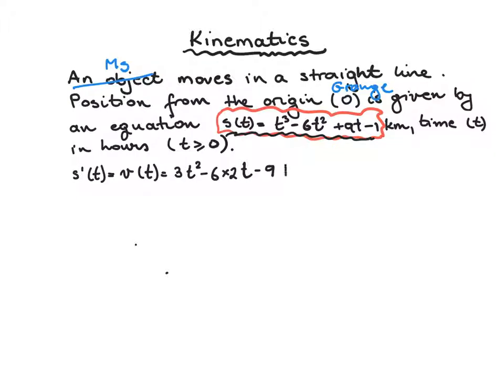I'm just going to put units here for now, in hours, and we're going to find when velocity equals 0. So 3t to the power of 2 take away 12t take away 9 is equal to 0, only when t is equal to 1 and t is equal to 3.